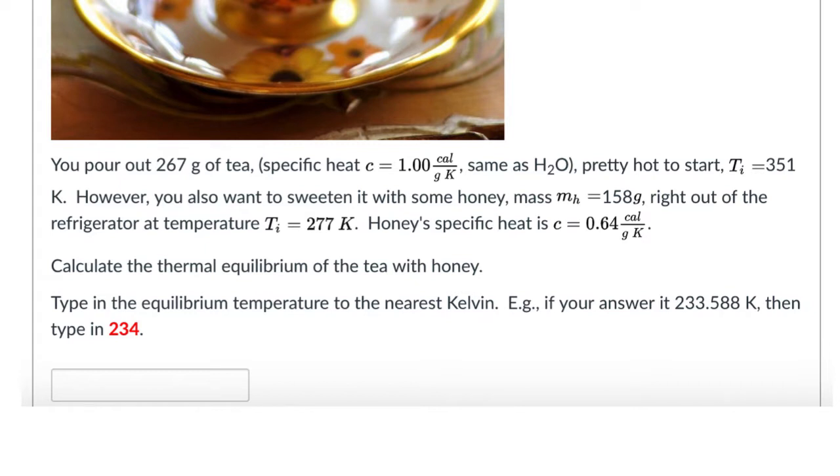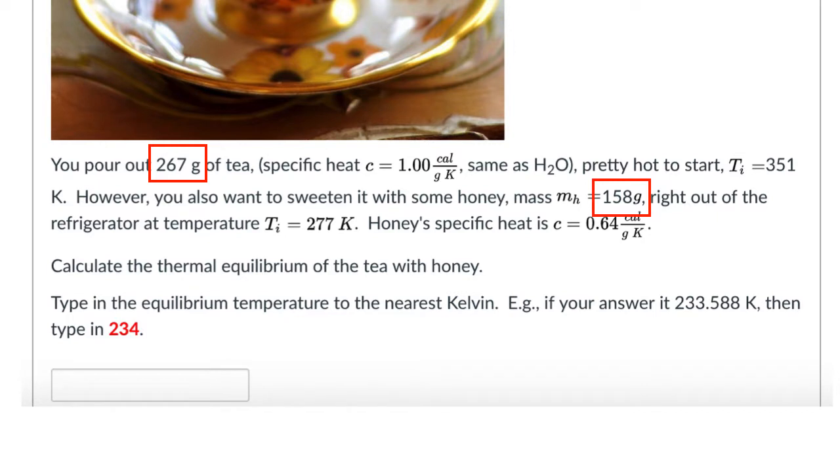This one, the mass of the tea, in this instance, 267 grams. Better go ahead and write that down because we're going to do these calculations together. The mass of the tea is 267. Specific heat is 1. That's one of the variables, the mass of the tea. And then one of the other variables is the mass of the honey.